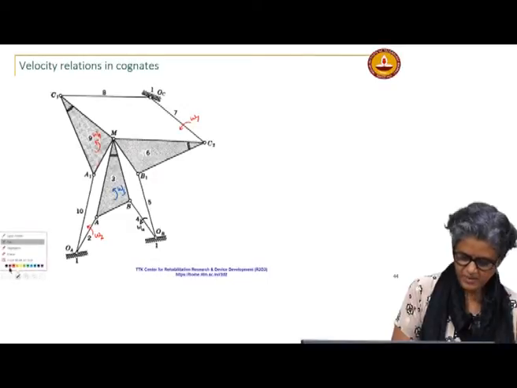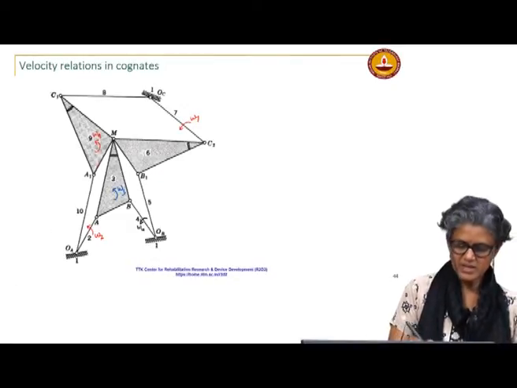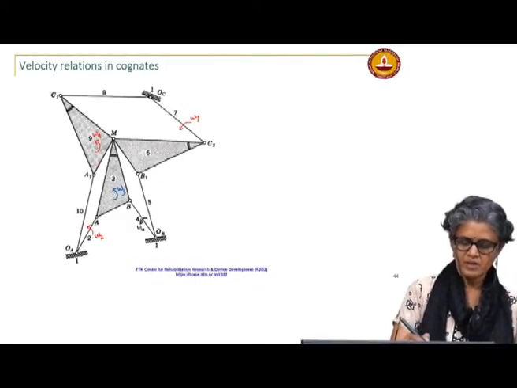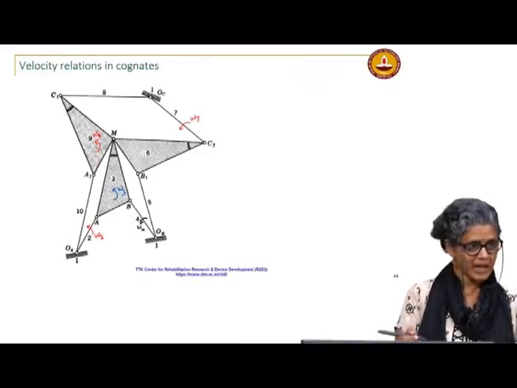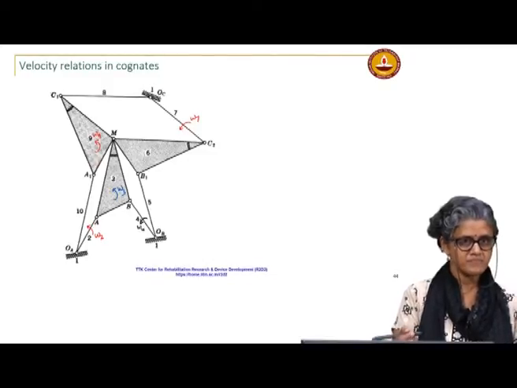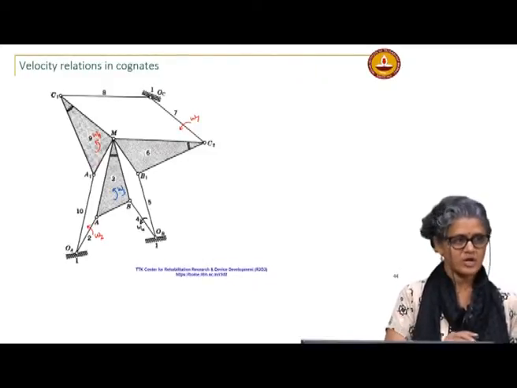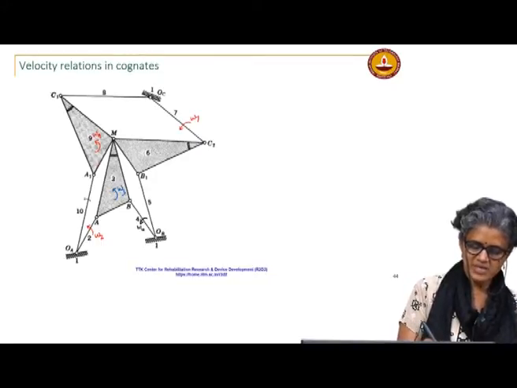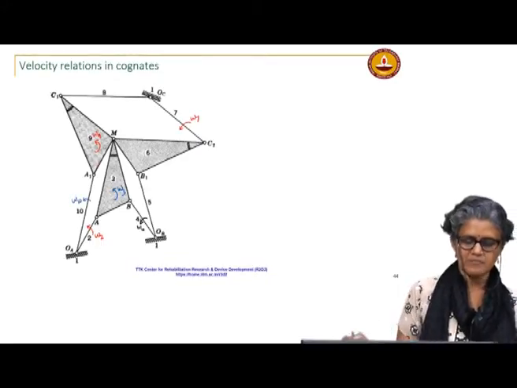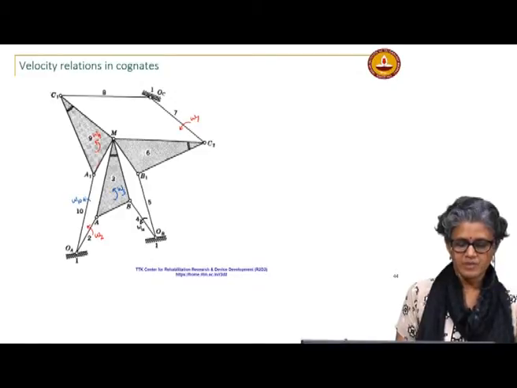Similarly, omega 3 is parallel to omega 10. So, link 3, any line on link 3 will have the same angular velocity, right. On the rigid body all the lines will. So, omega 3 will be the same as omega 10, okay.